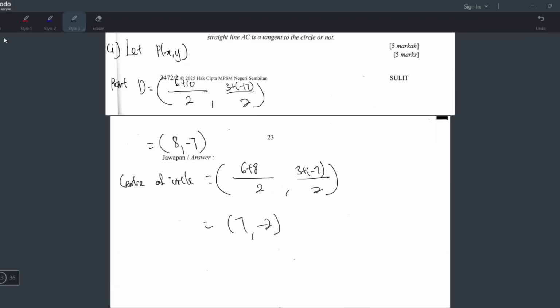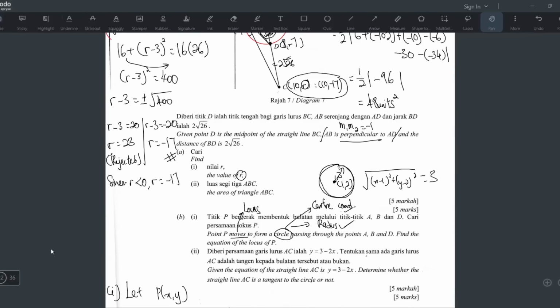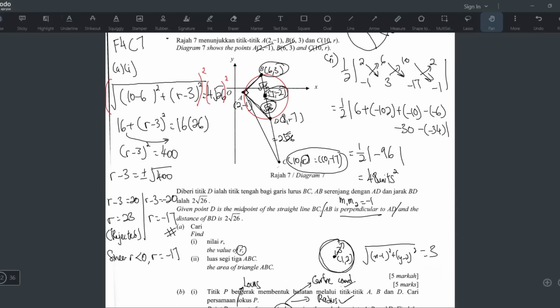Okay, the radius is square root 26. So that means we use the distance formula, and the other side should be square root 26, because the radius is square root 26. And you can see the square root 26 is always the distance from the center to the side of the circle.